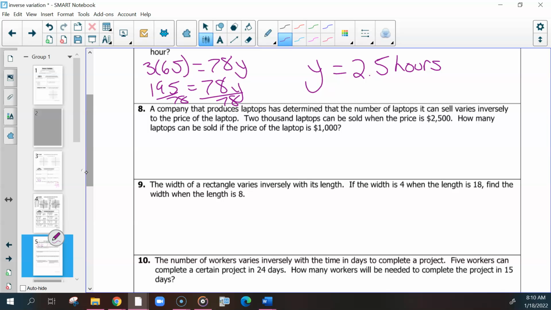For the next one, let's use the equation. Let's say I change this from y to x to something else. Because you can do that, you can change these to whatever variables you want, you just have to know which one would have been what. So in this case, a company that produces laptops has determined that the number of laptops it can sell varies inversely.